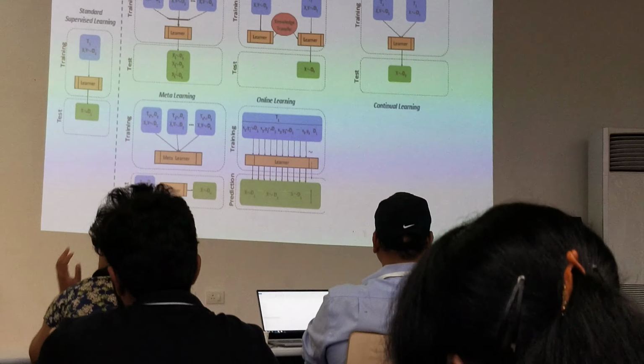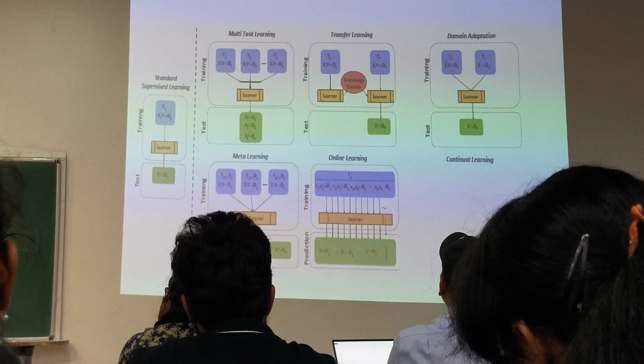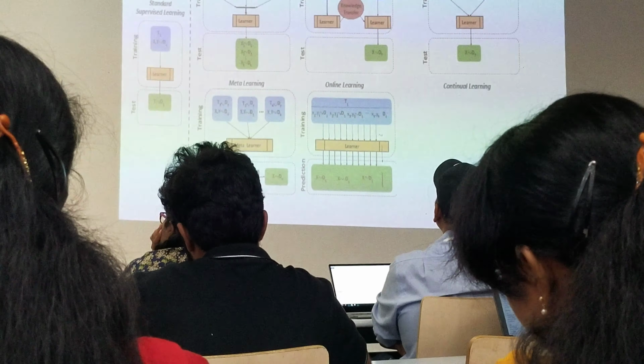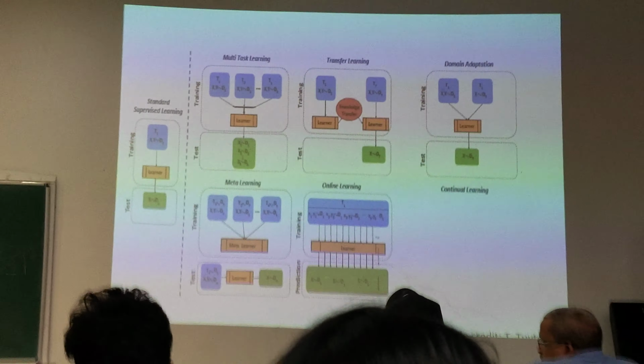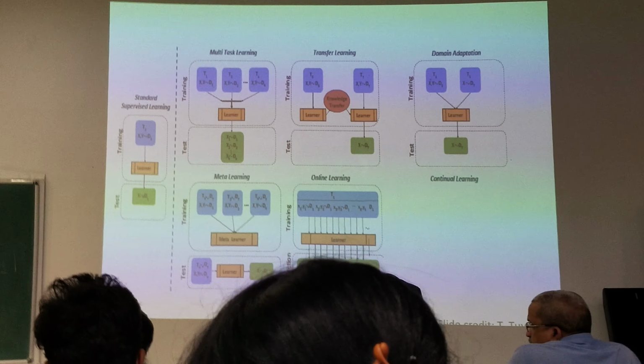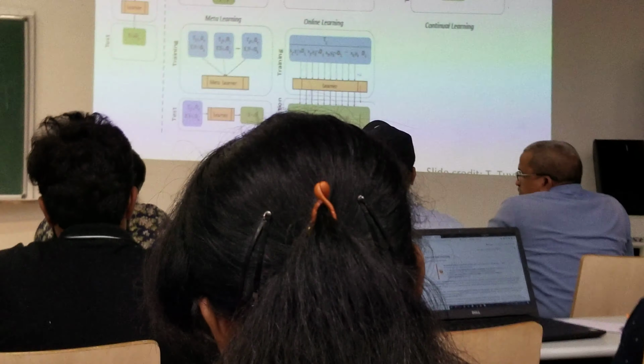So the question here is, is this like an RNN? Not necessarily. An RNN has some sort of temporal or sequential structure going on. Here it's just samples that are coming one after the other. There is no memory, although ideally you would like your learner to use memory.